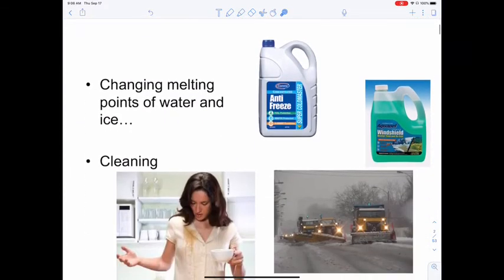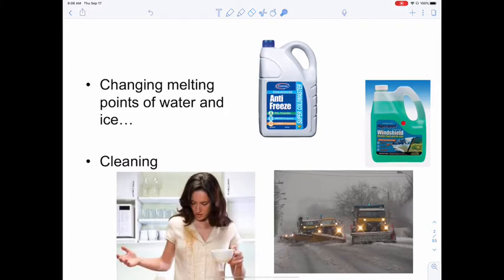And those properties can be very important if we wanted to change the melting point of water and ice, as an example. So, for example, in the winter, which is hopefully not coming too quickly, we want to move the snow off the streets, and we also want it to melt. And if we have it in our car, we want to make sure that the radiator of the car doesn't freeze solid, and so we would add some antifreeze to that water and make a solution.